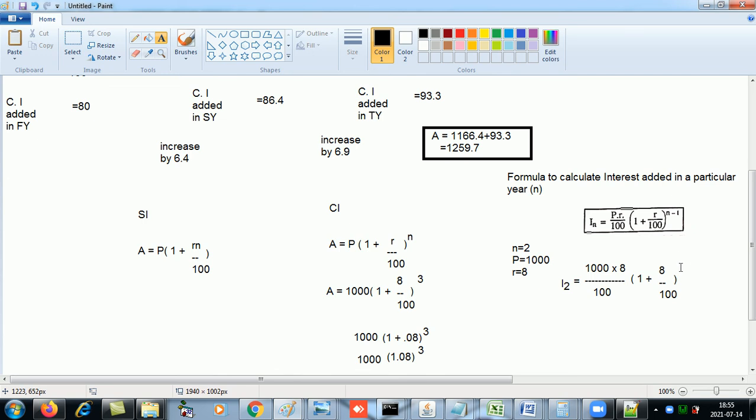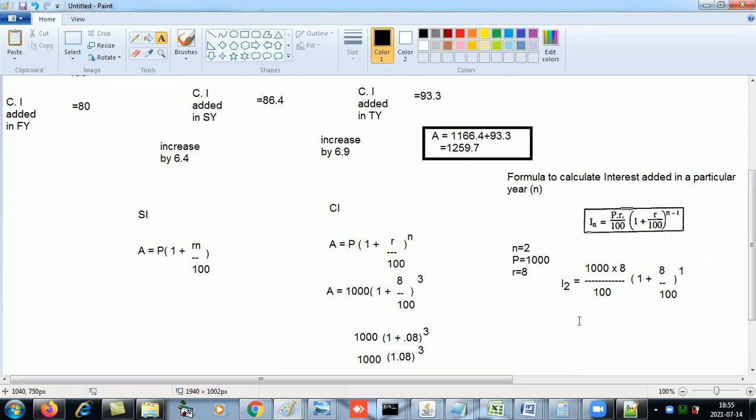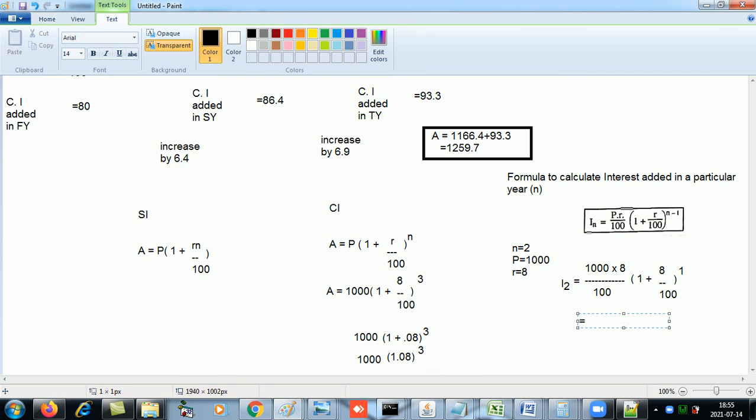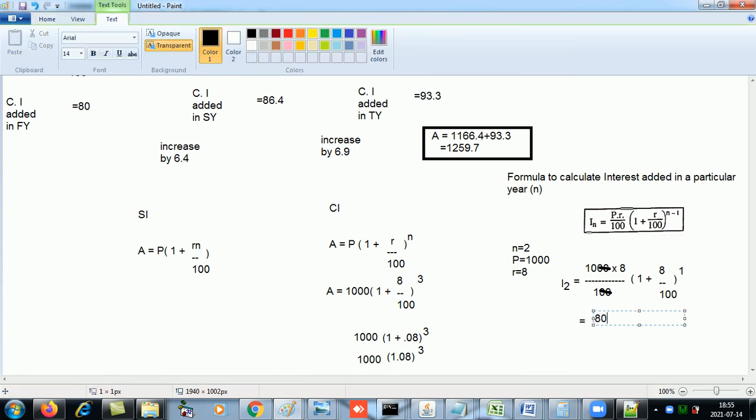So if n is 2, 2 minus 1 gives you 1, and anything to 1 is the same number. Let's calculate 1000 into, okay, now let's cut wherever possible. So these two zeros cut, these two zeros cut, so here I am left with 80.